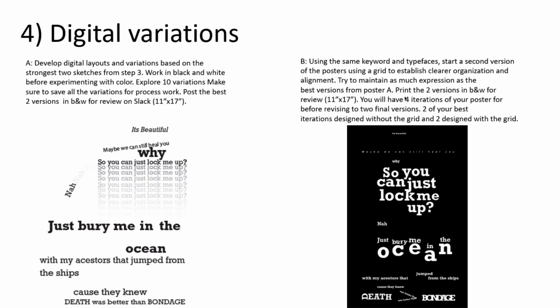But remember, you still want to maintain as much expression as the best version from poster A. And the reason you're doing one without the grid and one with the grid is because you'll start to understand why a grid is helpful in design. A lot of people work with grids, but it's true that sometimes when you're working with a grid, it does feel less expressive. But this is a way for you to test out both methods.